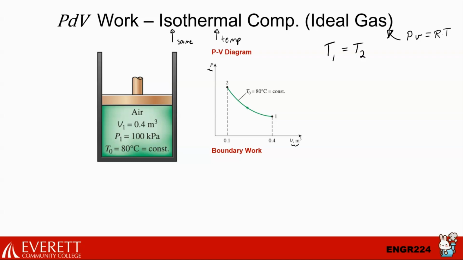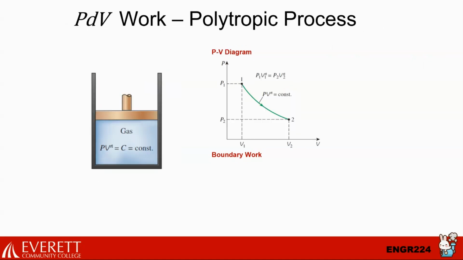Then if our temperature remains the same, we're essentially saying PV over R for temperature. So we can say P1V1 over R equals P2V2 over R. It's the same R, so that goes away. So our relationship, I just put the 1 outside the parentheses there a lot of times to make it a little easier to see, is this.